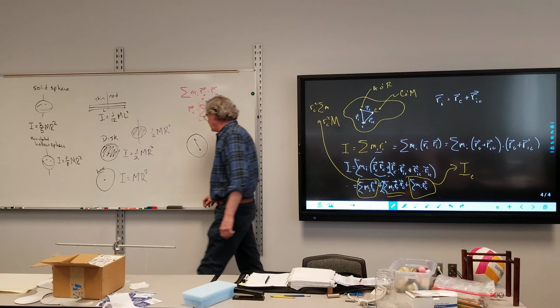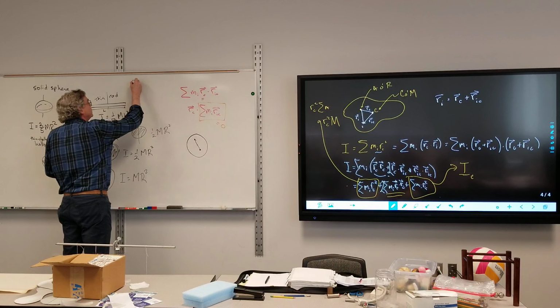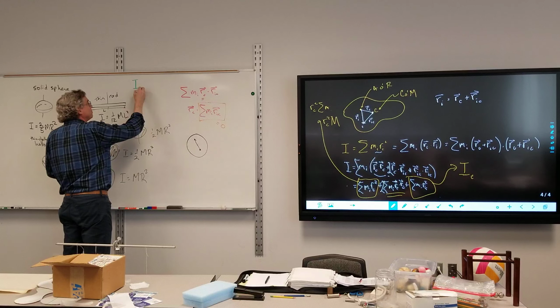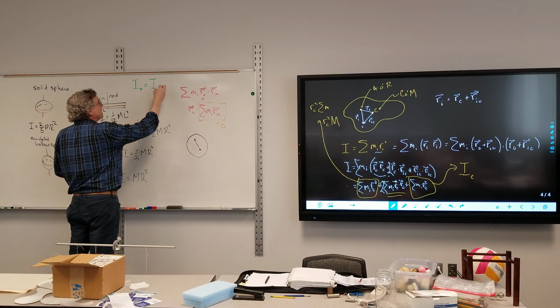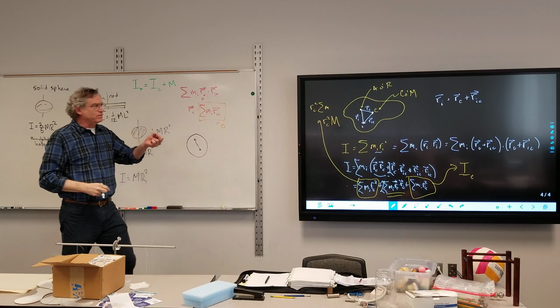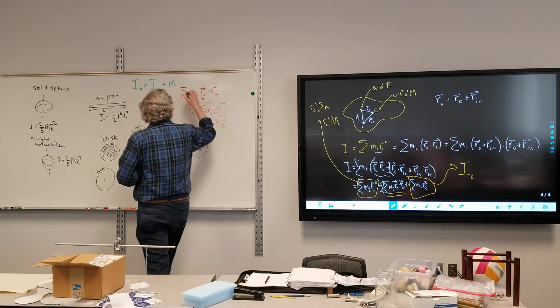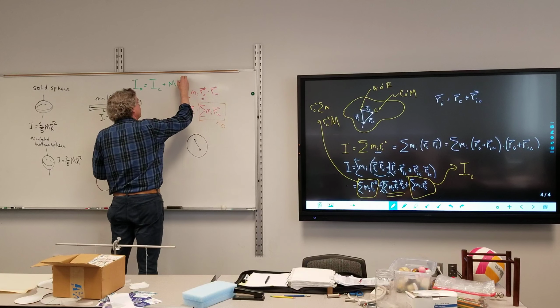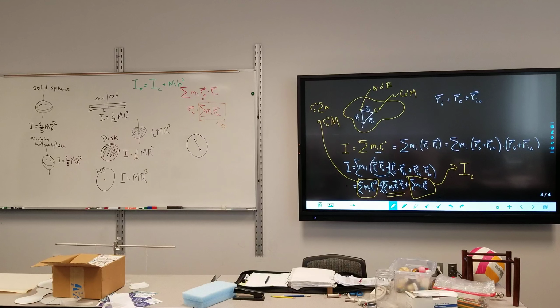So what I'm left with, the moment of inertia rotating about some point P is the same as the moment of inertia rotating about the center of mass plus the mass times how far we have shifted the axis, which looks typically like an H. It's the way I picture it in my mind's eye.